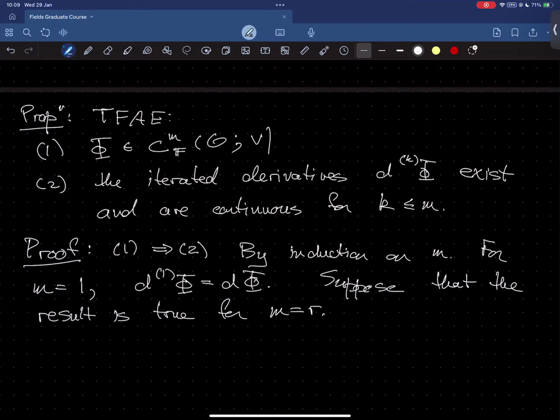That means that phi being of class CR is equivalent to the iterated derivatives up to order R existing and being continuous. That's the hypothesis. So we suppose the result is true for m equals R, and take phi to be of class CR plus 1.